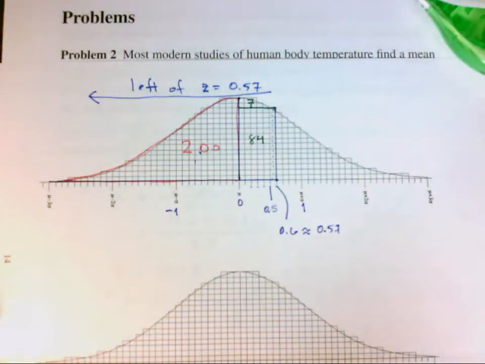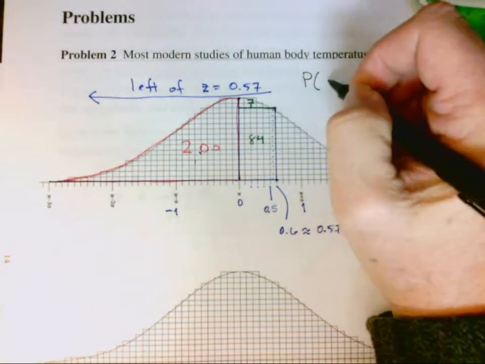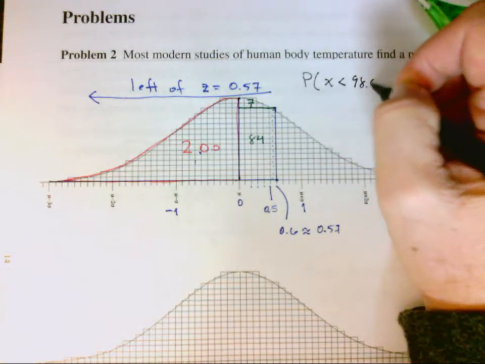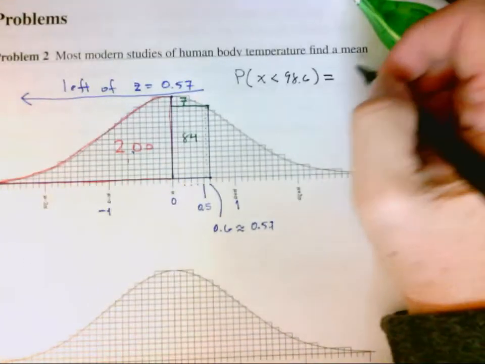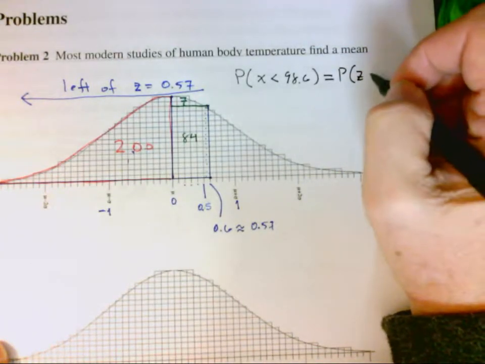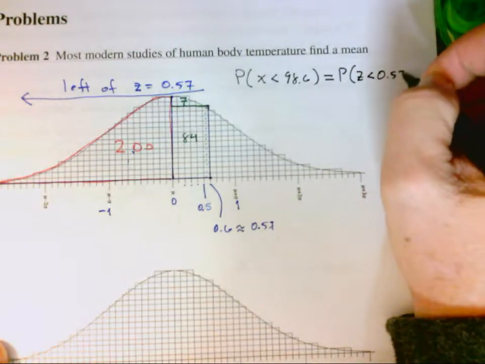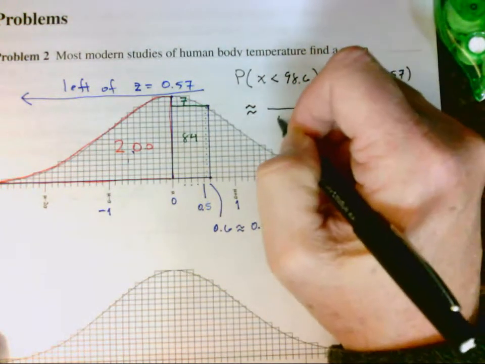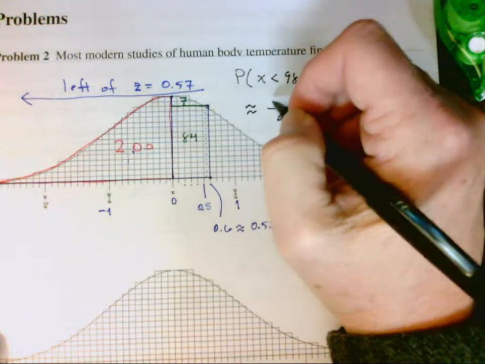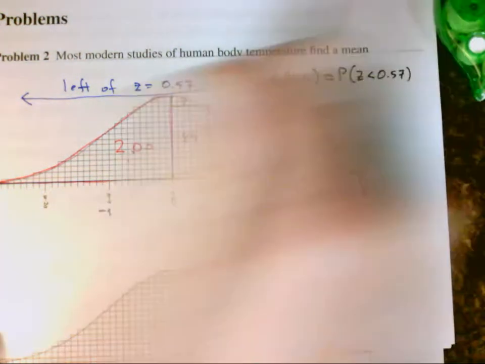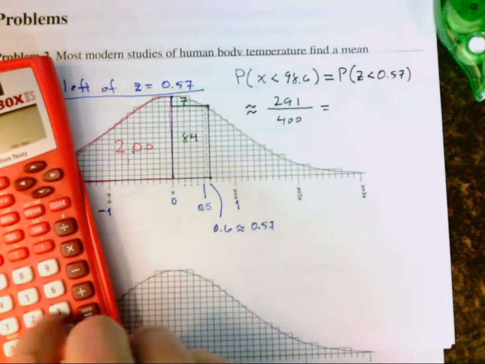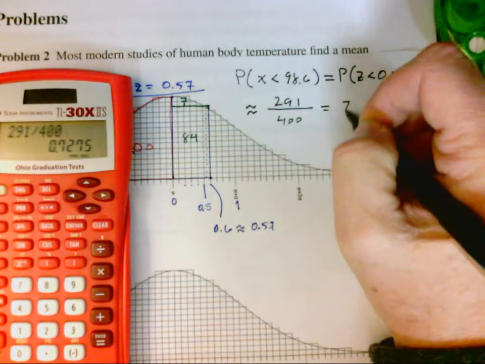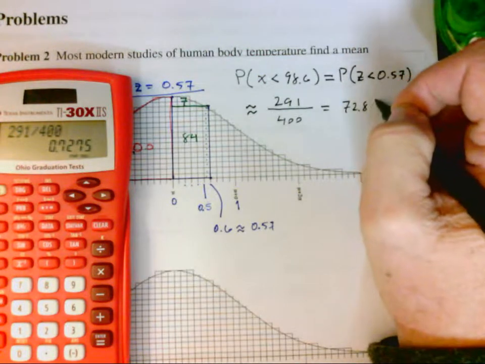So the probability that my data is less than 98.6 is the exact same thing as the probability that my z is less than 0.57, which is going to be approximately, out of all 400 blocks, 291 divided by 400, which is 72.8%.